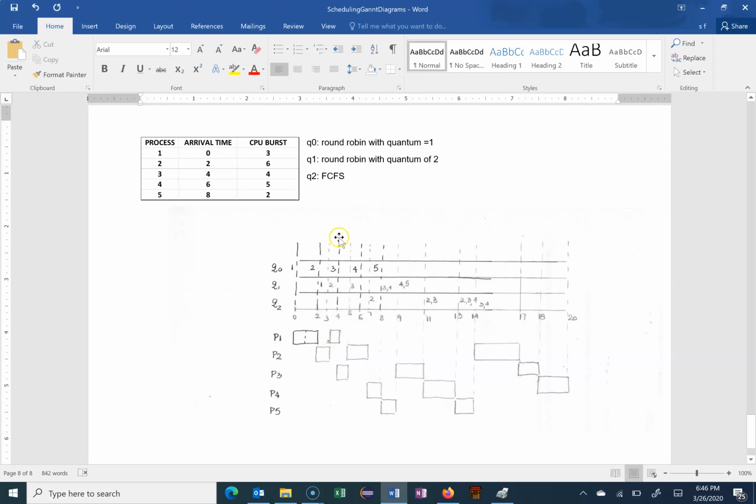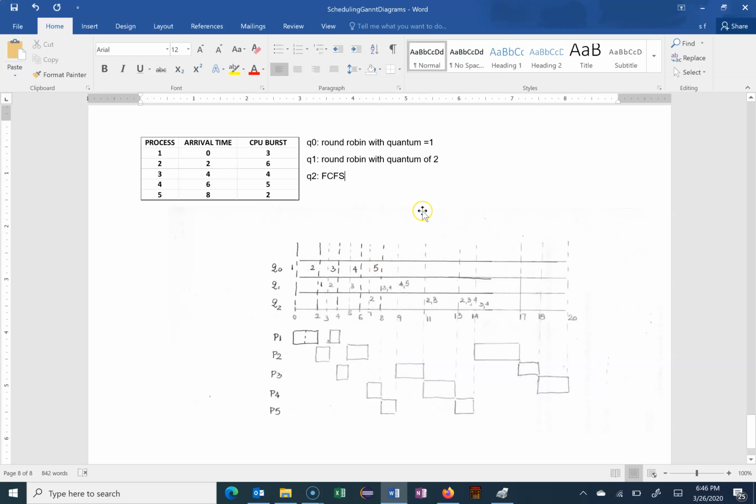We consider that process 3 is already in Q0 before we take the scheduling decision. So at moment 4, we have process 3 in Q0, process 2 in Q1. So process 3 will be scheduled and is going to move from 4 to 5. After that it is preempted and is going to go into the next priority queue, which is Q1.